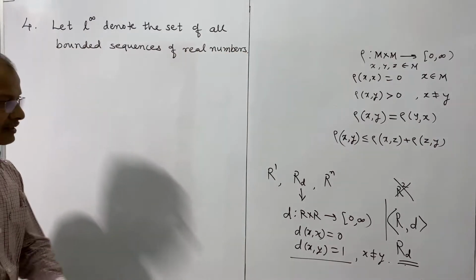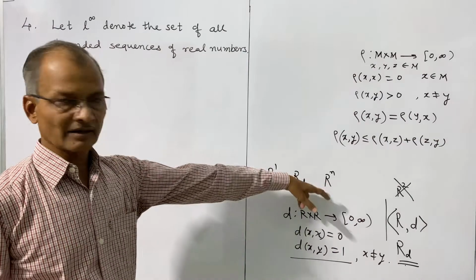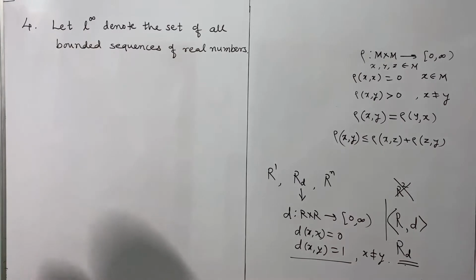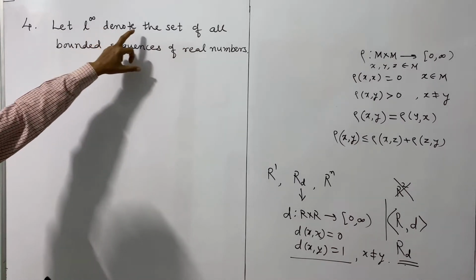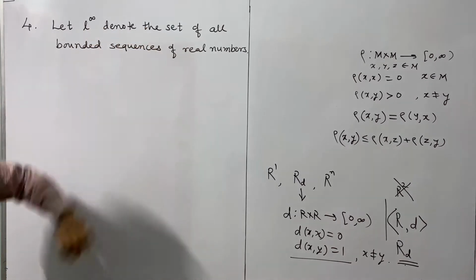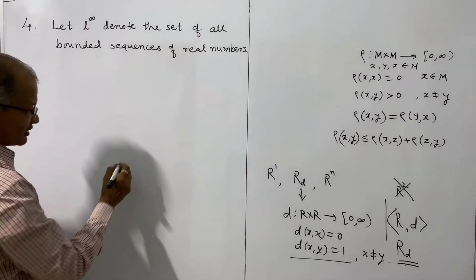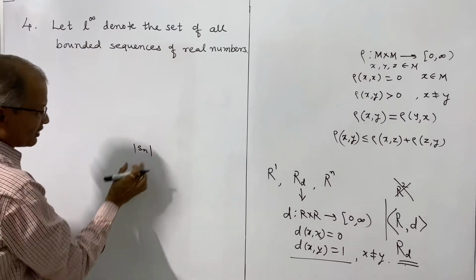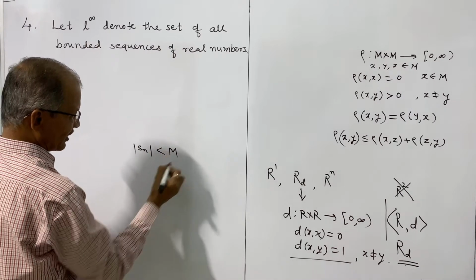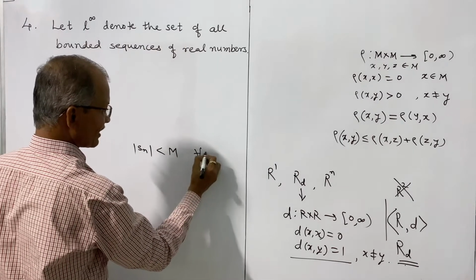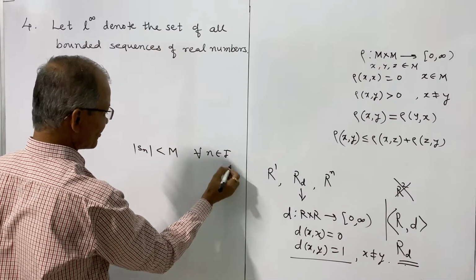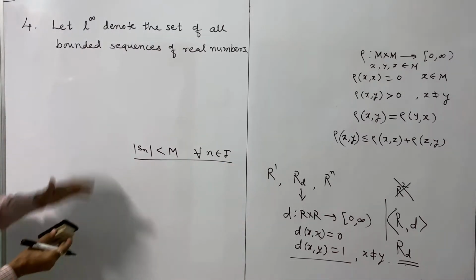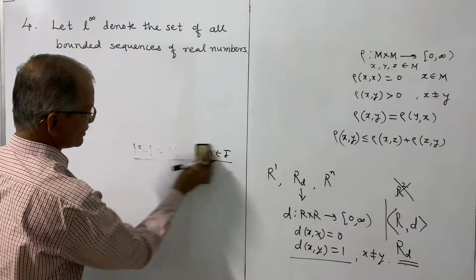Earlier we considered the set R, and then the n-dimensional space R^n. Here we are considering the set L infinity, which means the set of all bounded sequences of real numbers. We know what a bounded sequence is. A sequence s_n is said to be bounded if the absolute value of s_n is less than a certain number M for all n, then the sequence is said to be bounded. It has a lower bound and also an upper bound. So that is the set of all bounded real sequences.